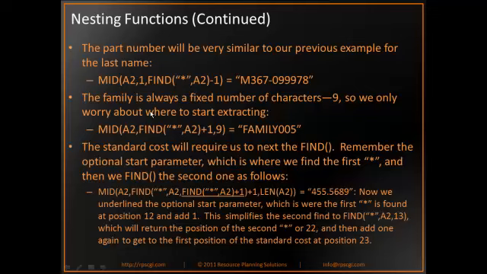Family is again pretty similar to the first name extraction in the previous example. So again, we're going to use the mid function, and again, what we want to do is find where that first asterisk is, but there's no space embedded in our character string like in the last name first name example. So we only need to move 1 plus 1 from where we find the asterisk to get to the first character, the F in our product family name.